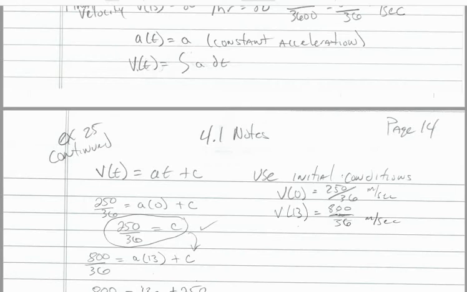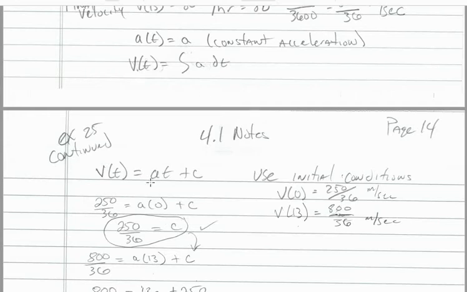When we integrate a with respect to time, notice that a is just a variable representing acceleration, and dt is there because we're integrating with respect to time. So the antiderivative of a is like the antiderivative of 4 or the antiderivative of 10.